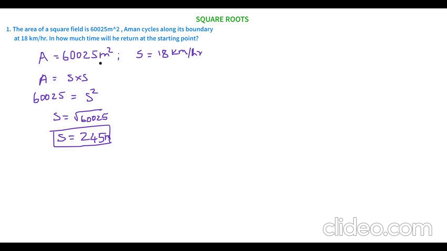So converting kilometers to meters. Now what is given? 18 km per hour. Whenever this type is given, we write 18 and 1 kilometer equals how many meters? Yes, 1 kilometer equals 1000 meters.